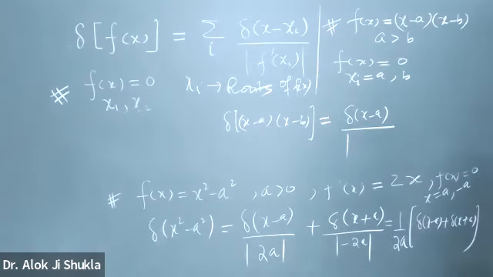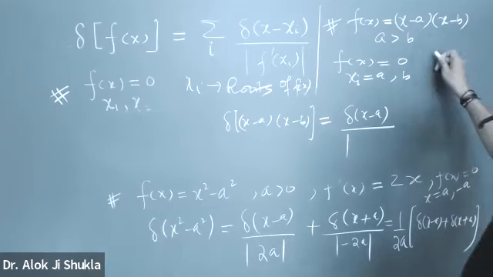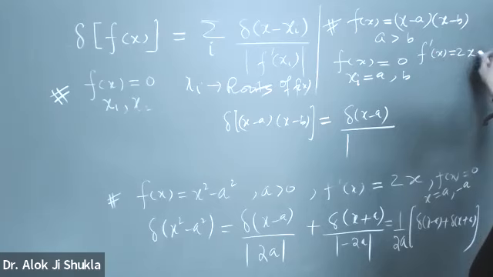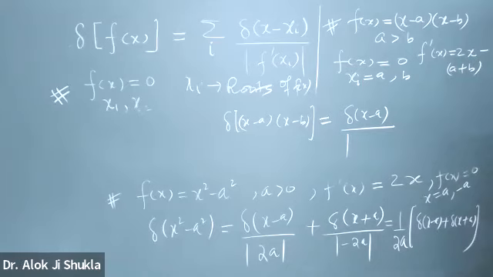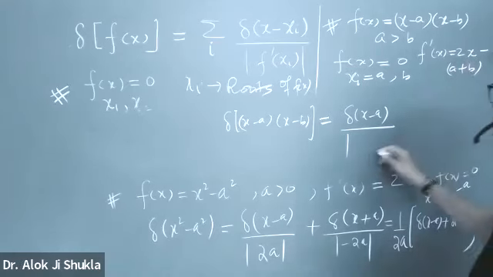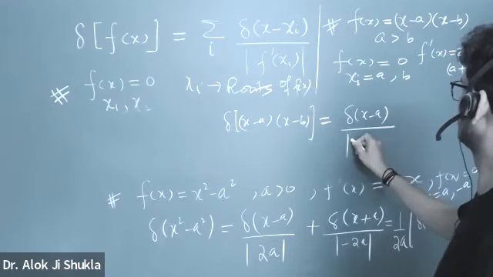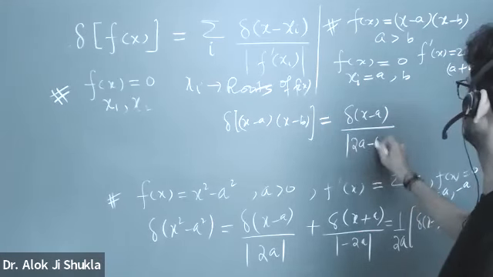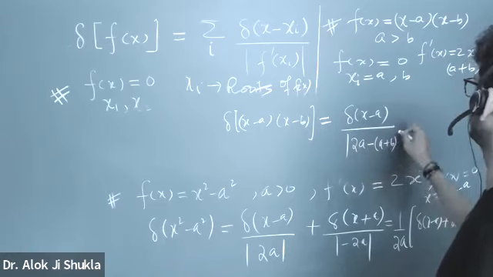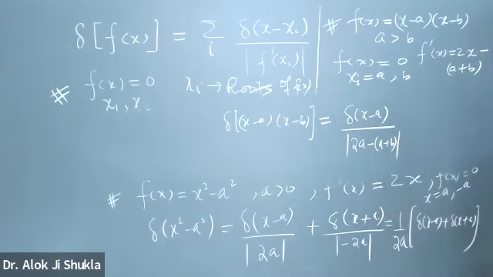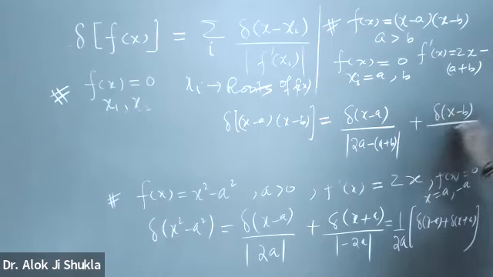What is the derivative of this? 2x minus a plus b. So what is f dash a first of all? Put a here: a minus b. So that is 2a minus a plus b. Am I right? And plus the second one, delta x minus b over 2b minus a plus b.